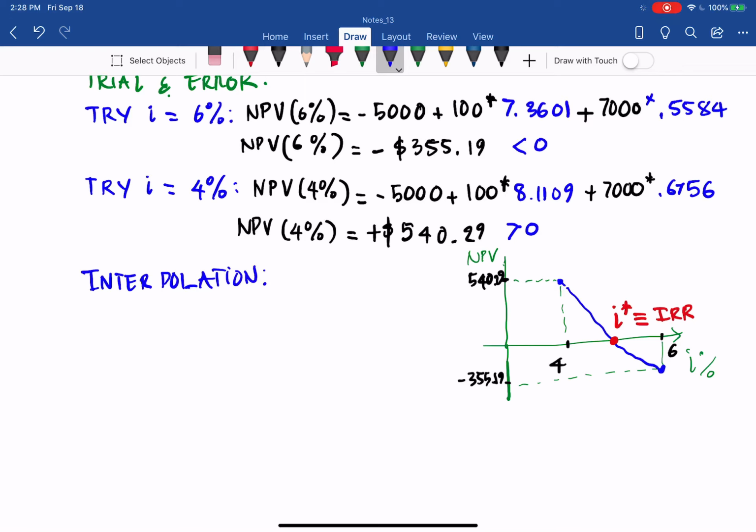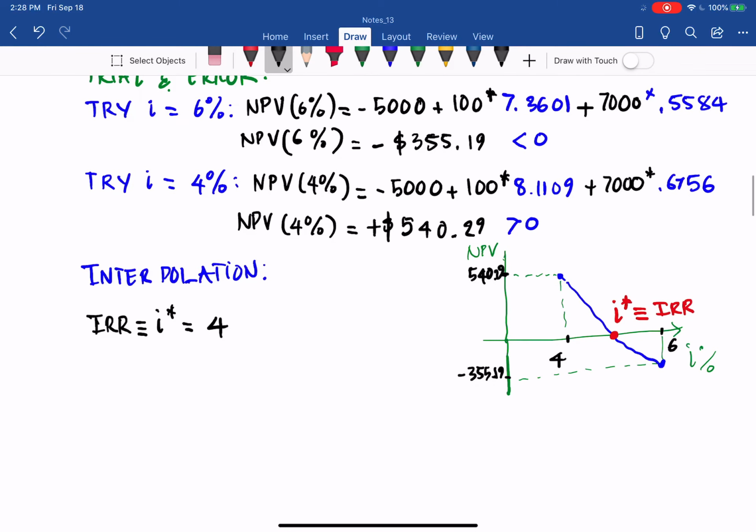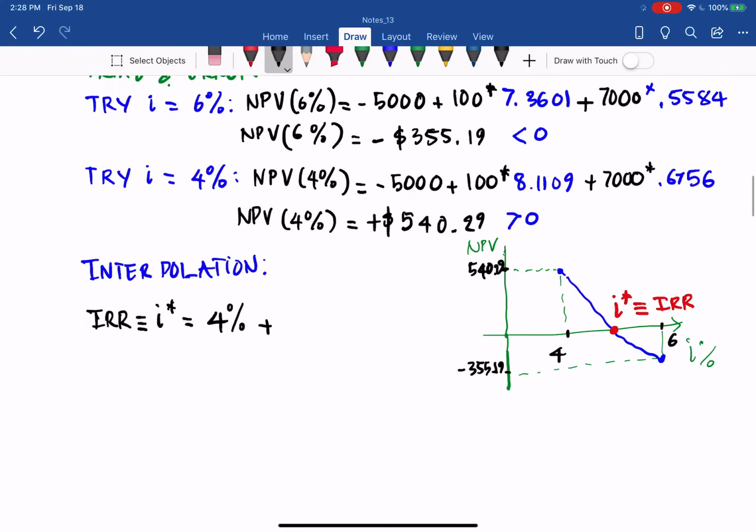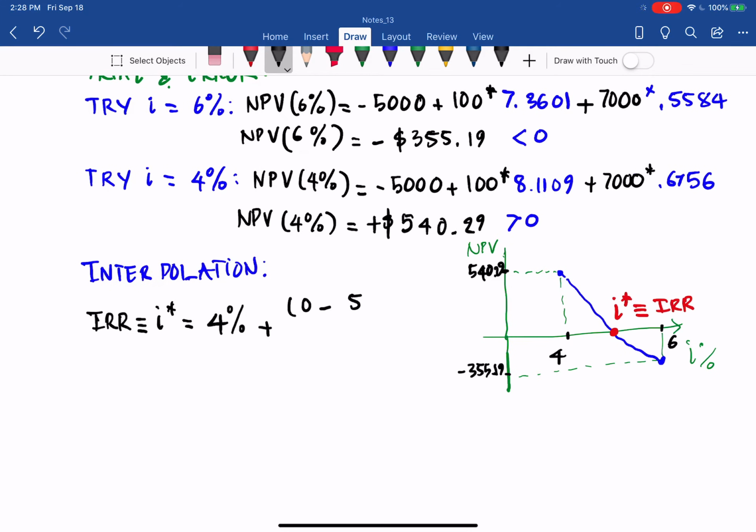To find IRR, equal to I star, in this case I star equals 4% plus, making NPV equal 0, so it will be 0 minus NPV at 4%, so 540.29, over NPV at 6%, negative 355.19, minus NPV at 4%, 540.29.